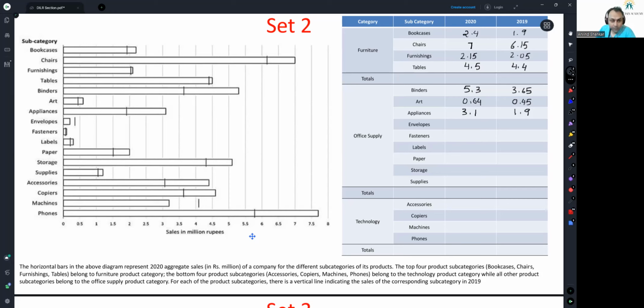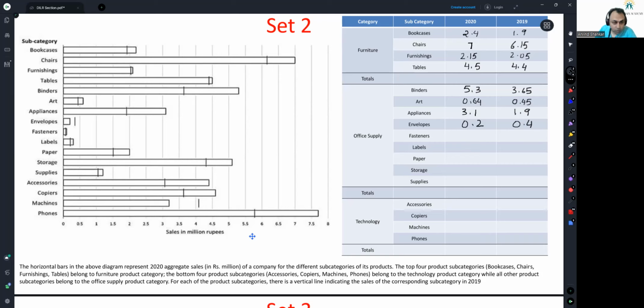For envelopes, this is the first time that revenue has fallen from 19 to 20. For envelopes, 0.4, no, less than 0.4, slightly less than 0.25, so let me take 0.2. And this is 0.2, so 0.4 will work for the other.